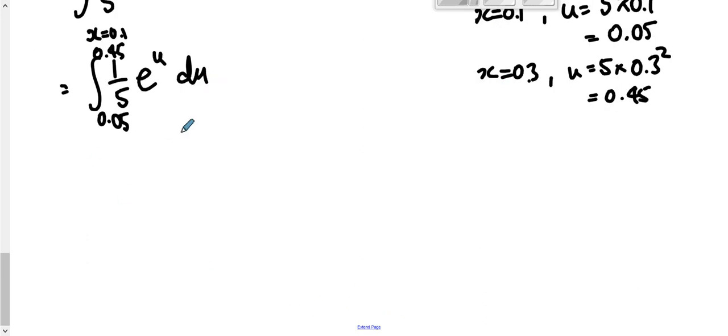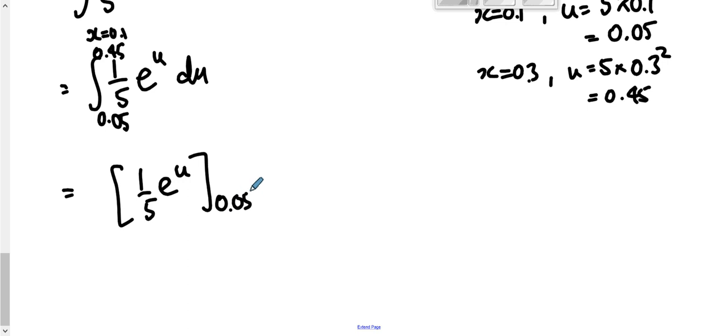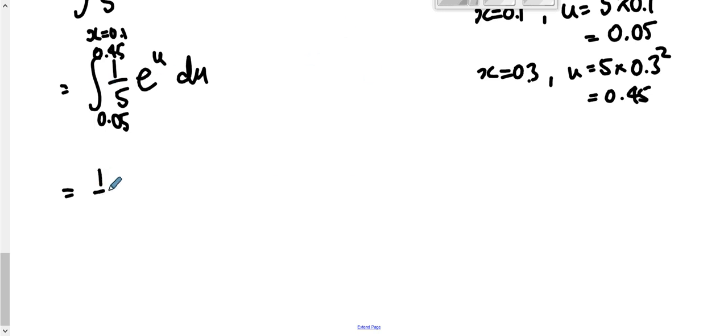Now I can integrate that, and I could integrate it as 1/5 of e to the u from 0.05 to 0.45. That's correct and it will give the correct answer, but an alternative strategy is to take the fifth out of the integration because it's a constant. So we'll take the fifths there.